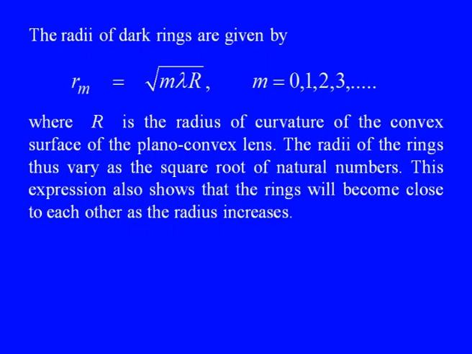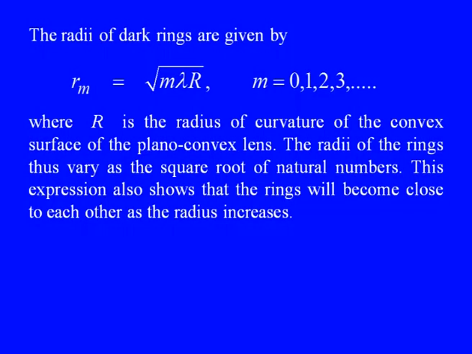The radius of the mth dark fringe is the square root of m lambda R, where m can take values 0, 1, 2, 3, and R is the radius of curvature of the convex surface of the plano-convex lens.